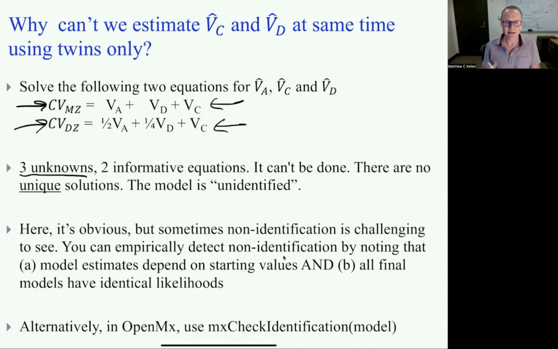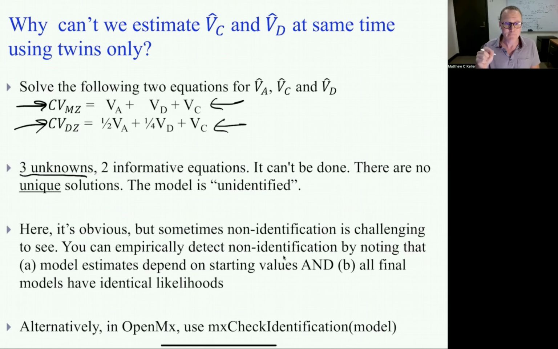Now here, that non-identification is obvious, but sometimes non-identification is challenging to see. You can empirically detect non-identification by noting, A, that the model estimates depend on the starting values. You change the starting values in maximum likelihood, whatever you're using, OpenMx hopefully, and you get different estimates depending on your start values.